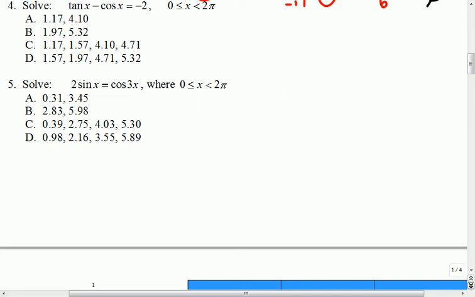Okay, so I prefer the zero method, so I would write this down as y1 equals tan x minus cos x plus 2. And then I would use the zero method to find it. A good window is going to have 0 to 2 pi showing.